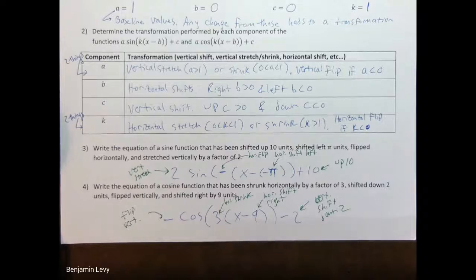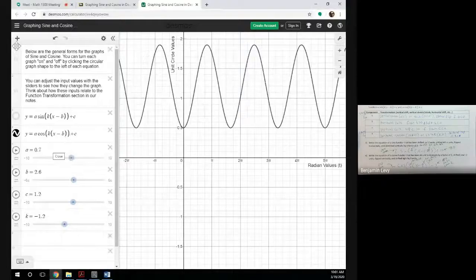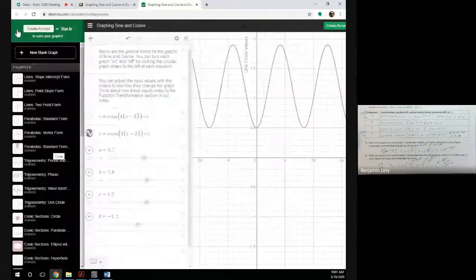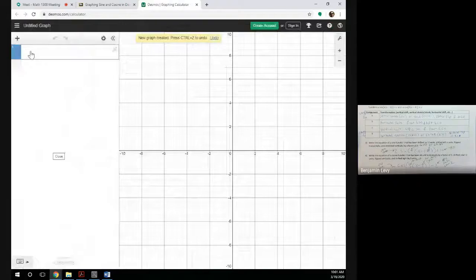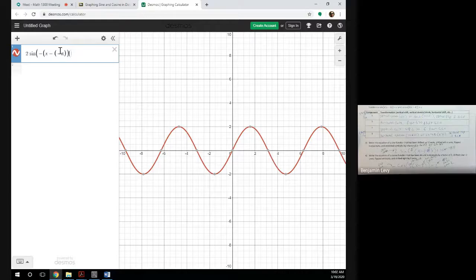For example, let me show you one of these things being graphed. Let me share my screen one more time. Let's come here and do a new blank graph, and graph one of those things we just did. We graphed 2 sine of negative x minus pi, plus 10.